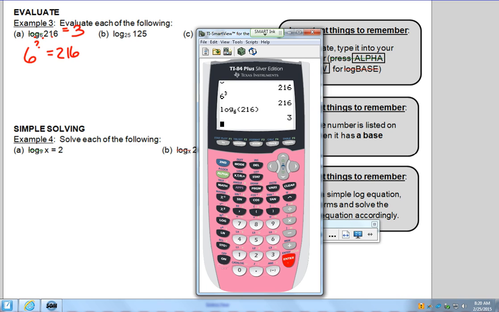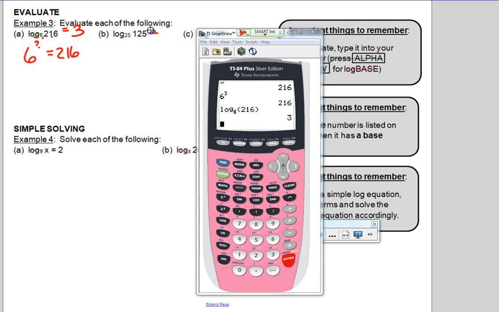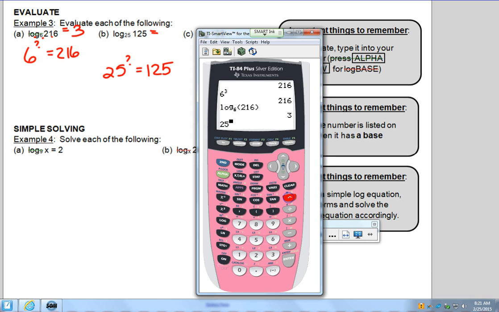So problem B says the log base 25 of 125 is equal to what? So again, that means 25 to what power equals 125. So we could take a guess. All right, well, 25 squared is already too high, so it must be some fraction.